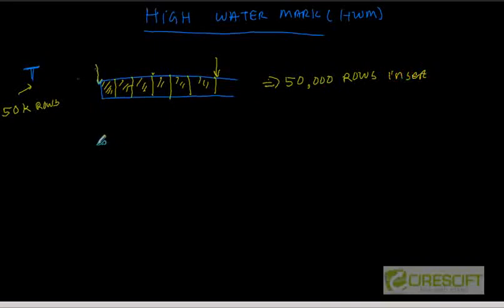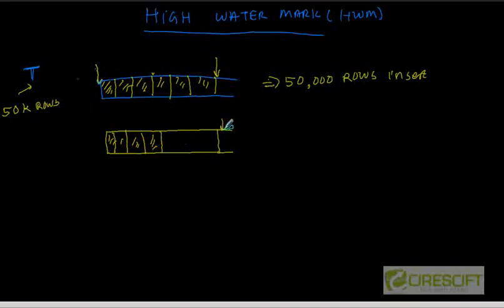After that, let's say I delete 25,000 rows. So this is our scenario where this is the pointer. We have filled data up to this point, and when we delete 25,000 rows, these blocks are filled and these are empty.